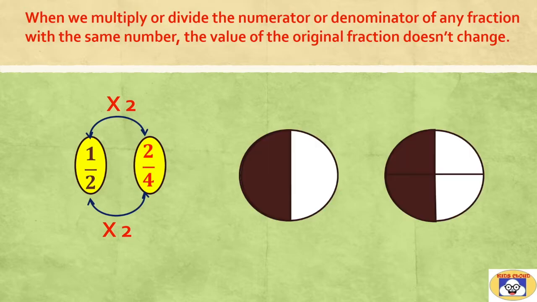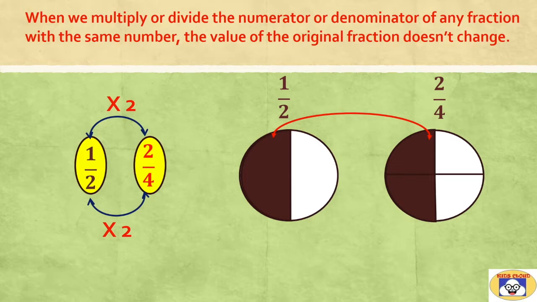Here is a pictorial representation. The first one represents the fraction 1/2, while the second one represents the fraction 2 by 4 for the colored region. The numbers in both the fractions, representing numerator and denominator, are different. Look at the colored area. What do you think?